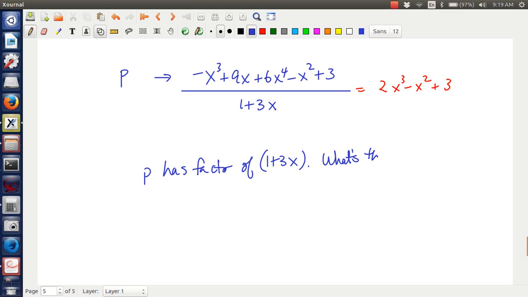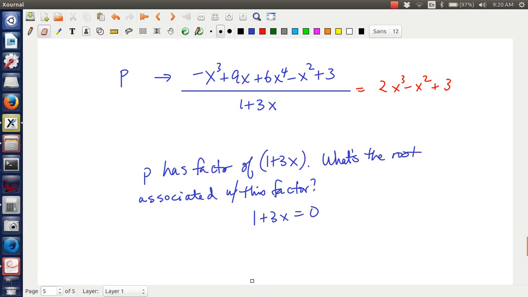What's the root associated with this factor? And the way you figure that out is you just set it equal to 0 and solve. And the root is negative 1/3.